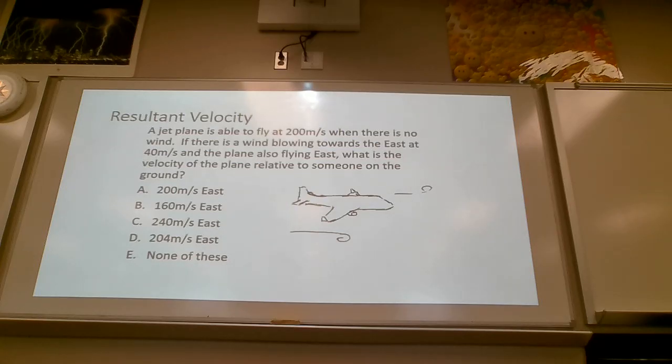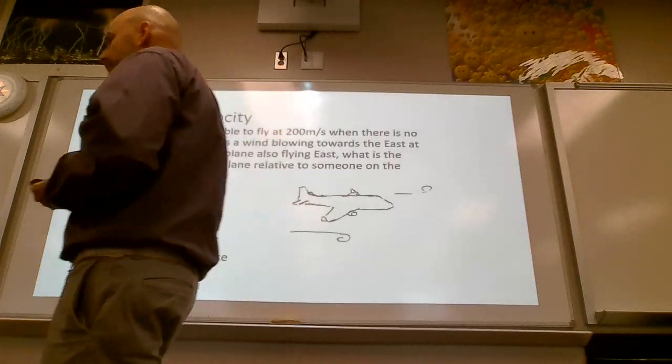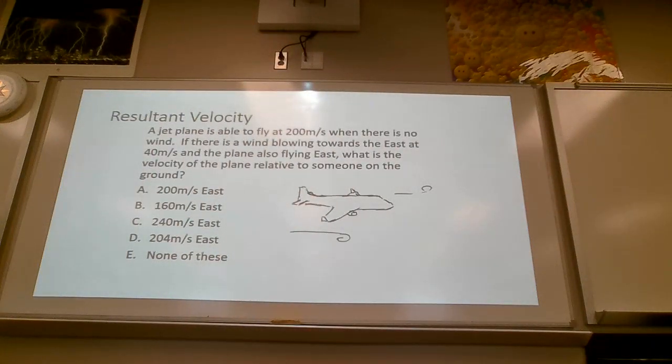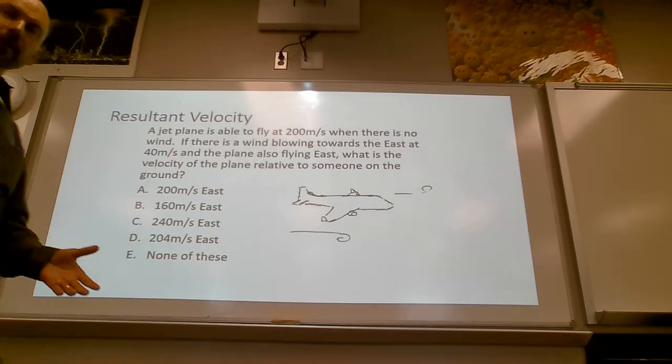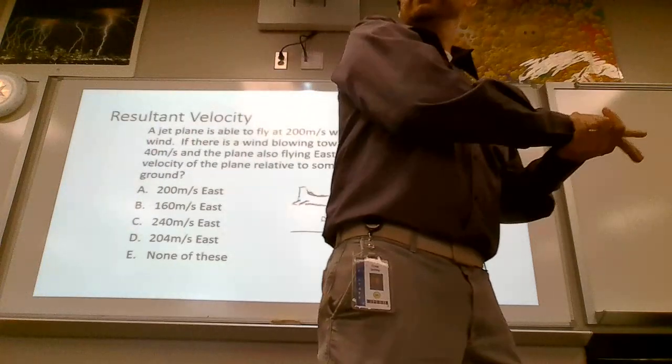There we go, C. Okay, this is known as resultant velocity, or relative velocity. It's the same idea as if you were on a moving walkway in the airport. You're walking at a certain speed, and the walkway is moving at a certain speed.